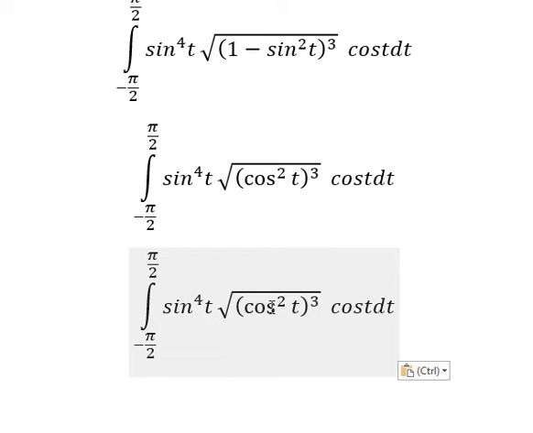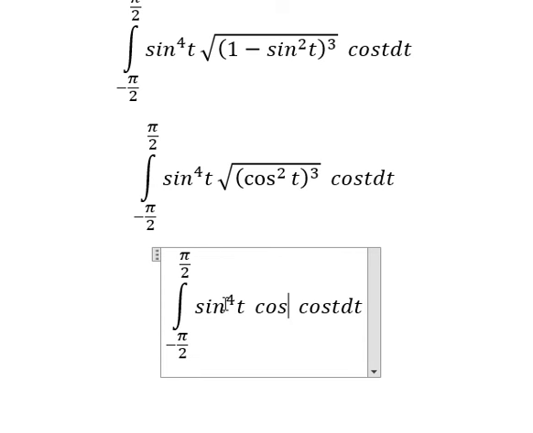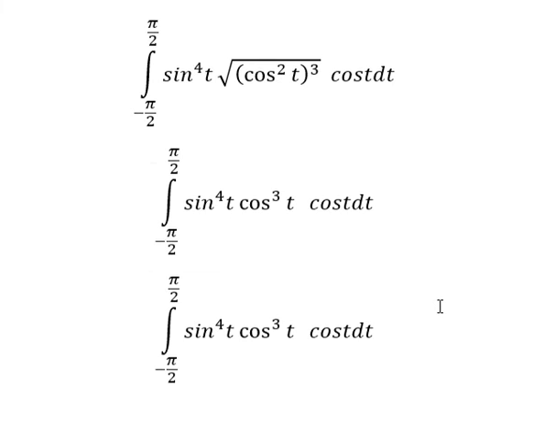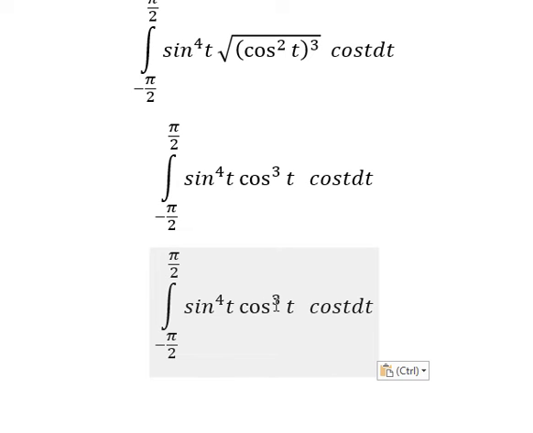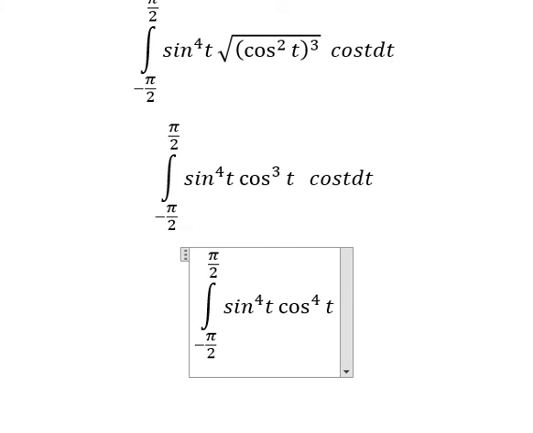The square root of cosine t square to the power of 3, we will have cosine t to the power of 3. Cosine t multiplied by cosine t to the power of 3, we have cosine t to the power of 4 dt.